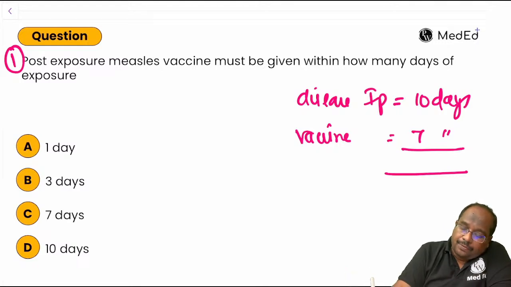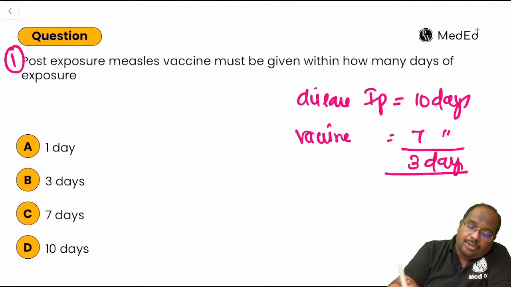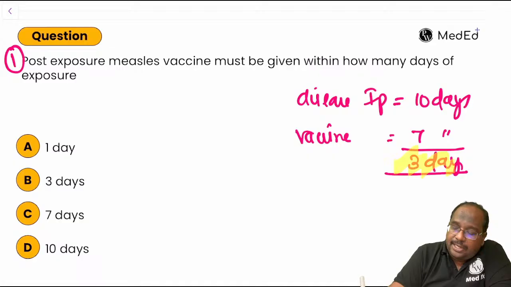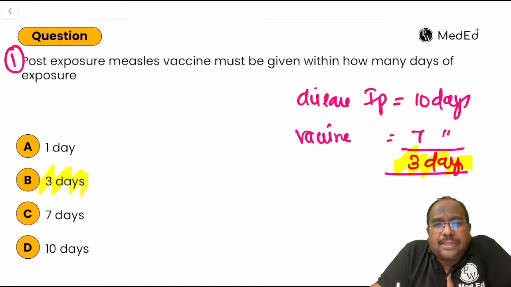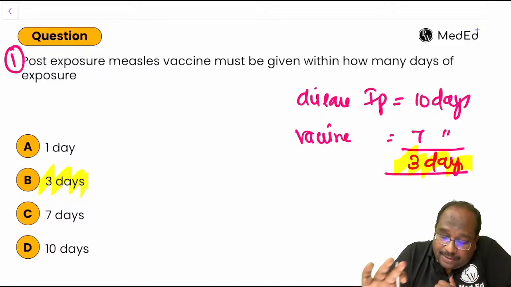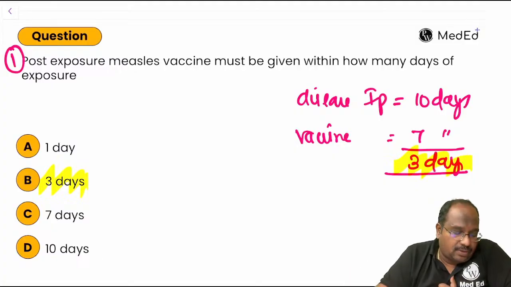So you have to give it within 3 days. If you provide the vaccine within 3 days, the vaccine can produce antibodies that can prevent the disease.